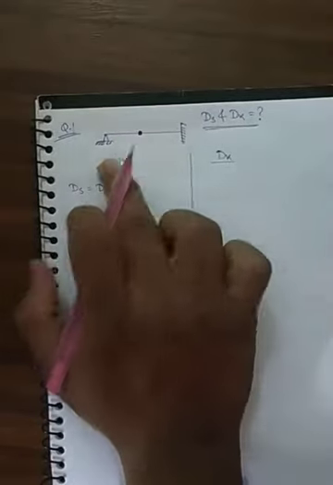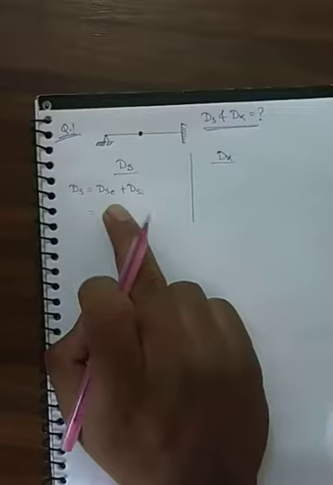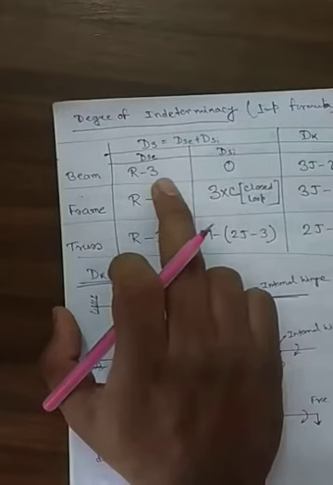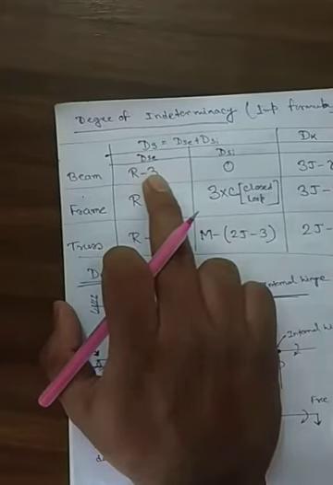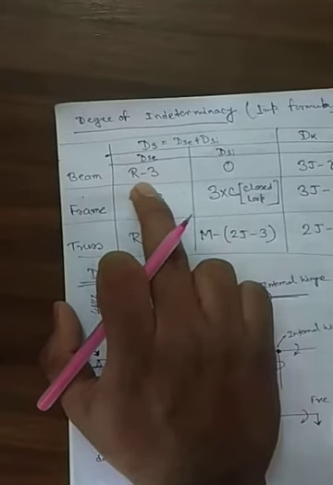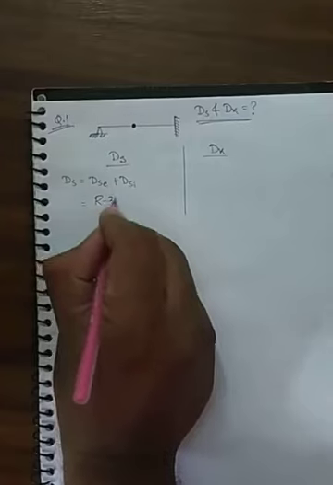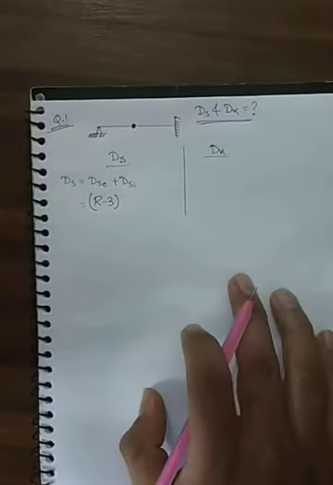This is a beam problem. So in case of beam, our external indeterminacy is r minus 3. So write it r minus 3.